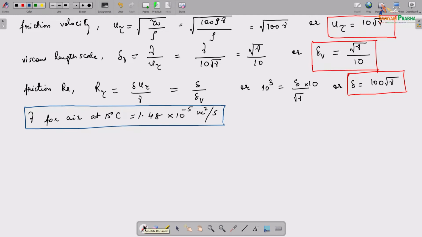Now, the nu for air is given to be this. So, let us write out these values first, and let us see where we get, okay. All right. So, now let us get u tau, is equal to 10, right, under root.